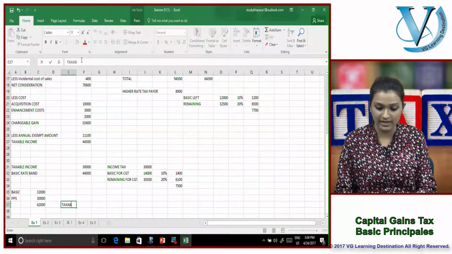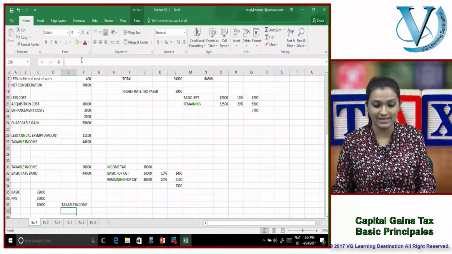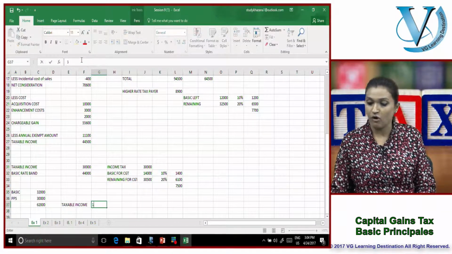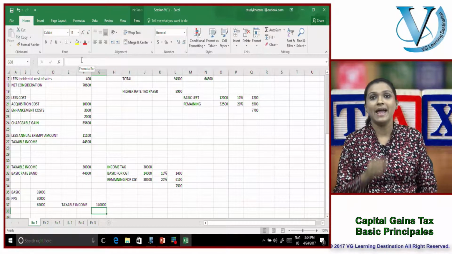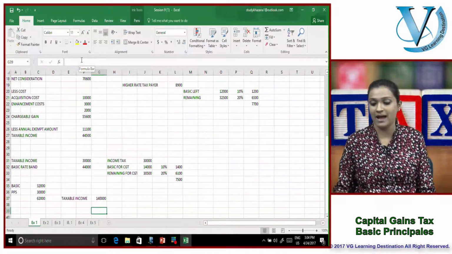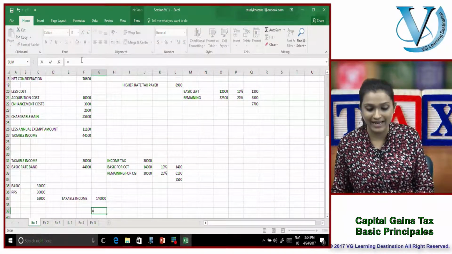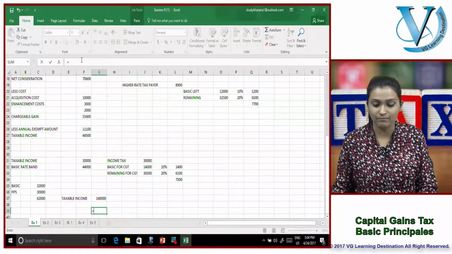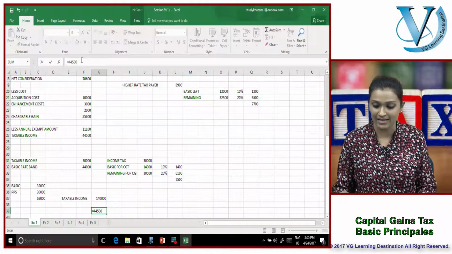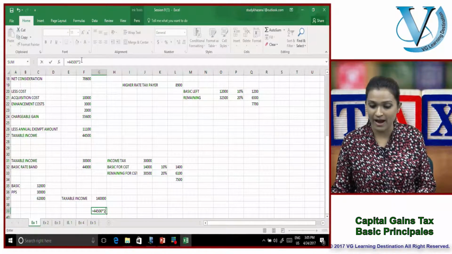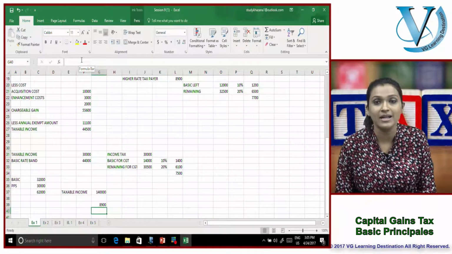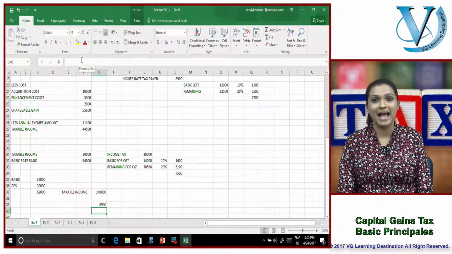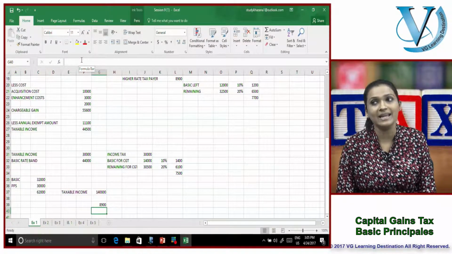Now taxable income under income tax is 140,000 pounds. So definitely all of it is going to be consumed by income tax only. Thereby my CGT liability gets taxed at the higher rate band of 20%, which is 8,900 is what I'm going to pay tax on my CGT liability.